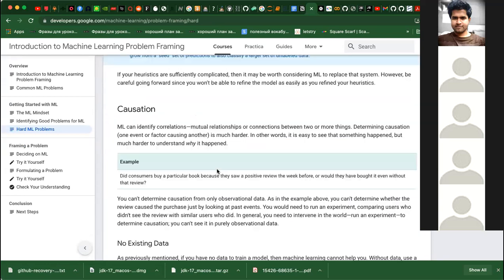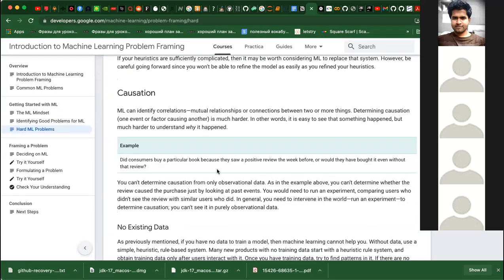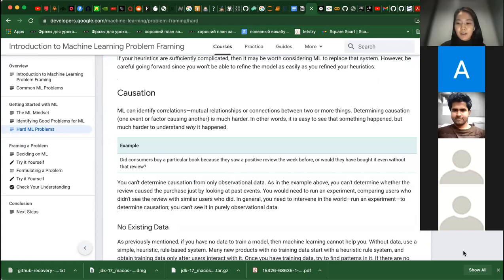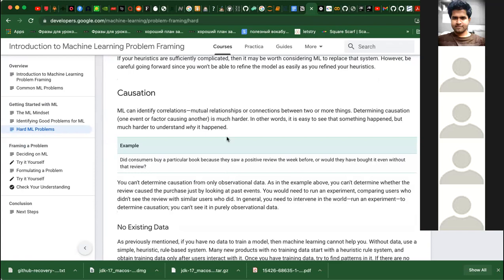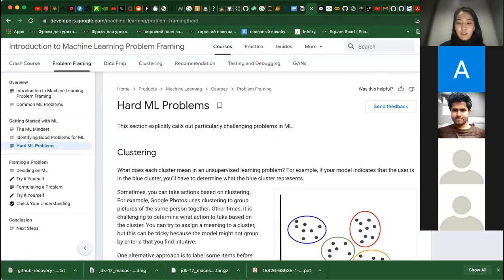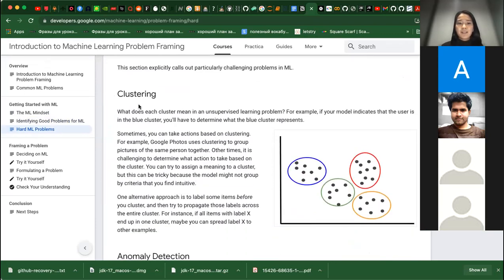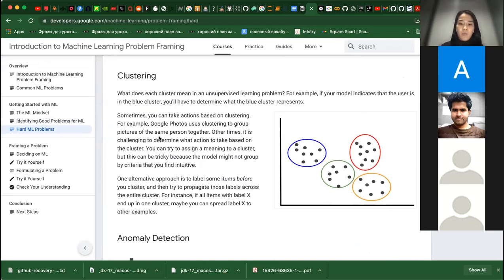And the last one is about the hard ML problems. Here are listed the common four problems. Does anyone want to share with everybody what the problems are? Or if you didn't read it, just knowing the name of the problem, what would you think?